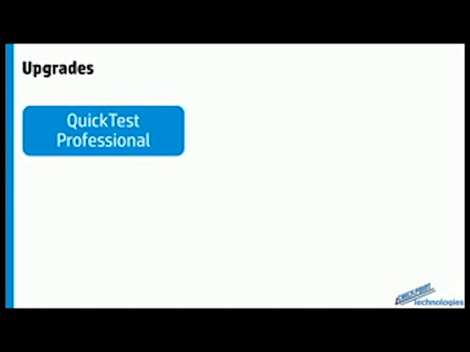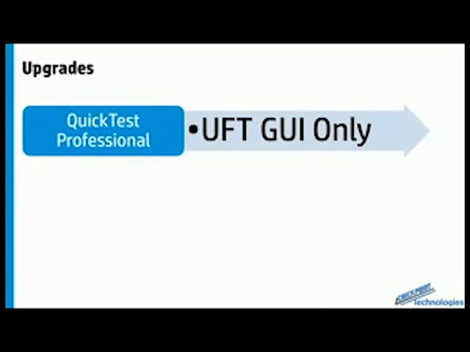So let's talk about the upgrade procedure. Now this is a little bit complicated, so I want to make sure that everyone's on the same page with this. If you purchase Quick Test Professional standalone, you can upgrade to the new 11.5 version. So you're going to get a unified functional testing 11.5, but it's only going to give you access to the GUI component of the testing only.